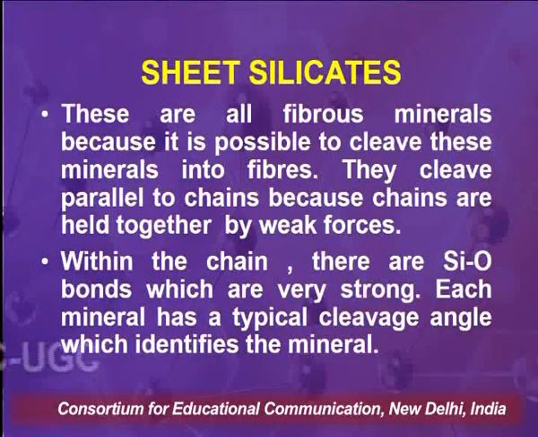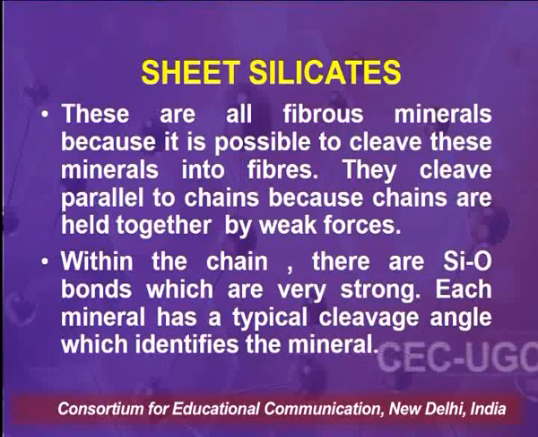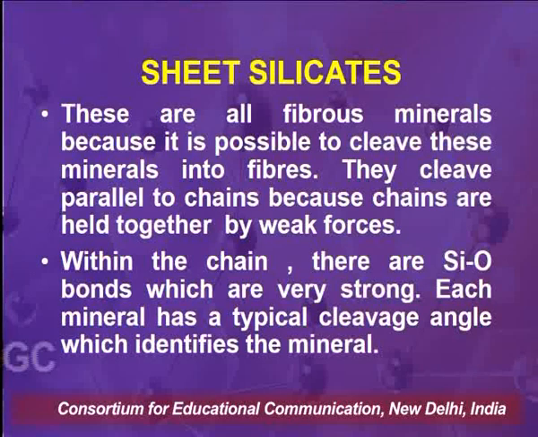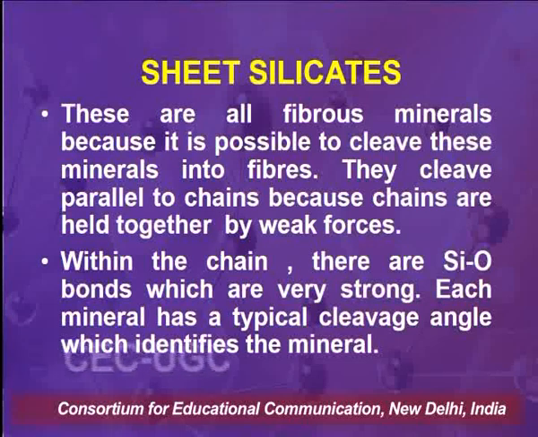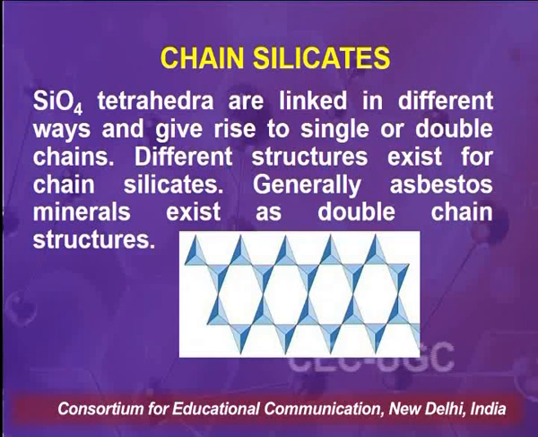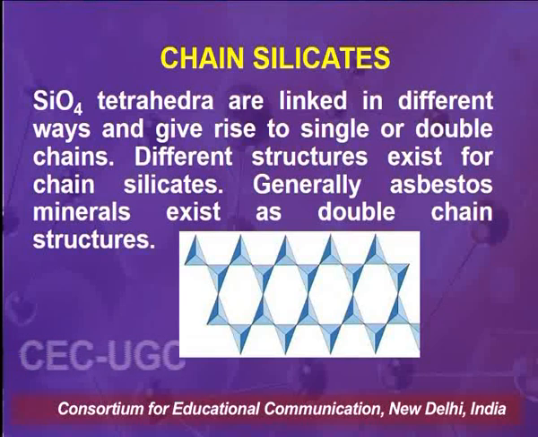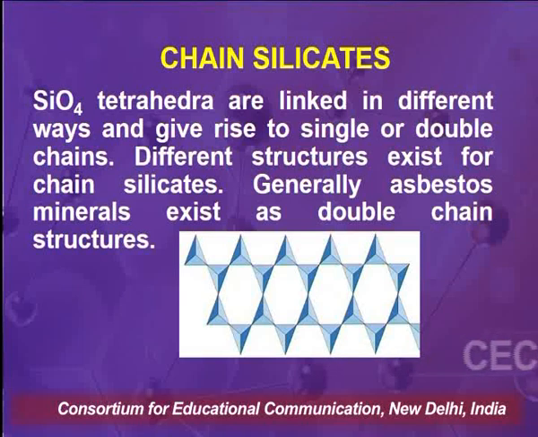These are all fibrous minerals because it is possible to cleave them into fibers, and this cleavage takes place through the oxygen atom, the place where the two silicate chains are joined to each other. They cleave parallel to the chains because the chains are held together by weak van der Waals forces, as we have seen in the structure. So cleavage can take place parallel to each chain, and therefore sheets can be made from such silicates.